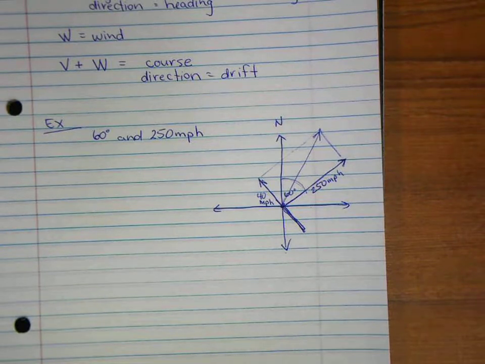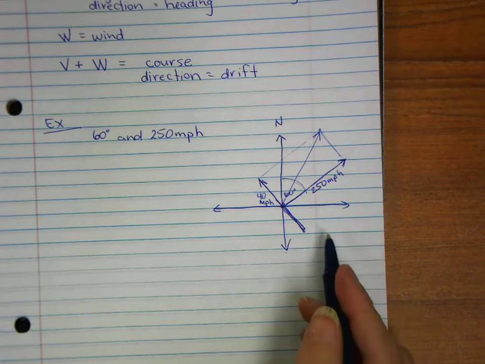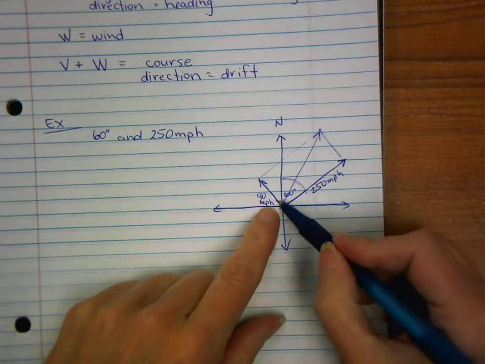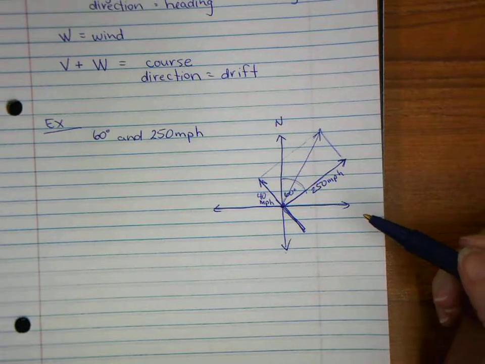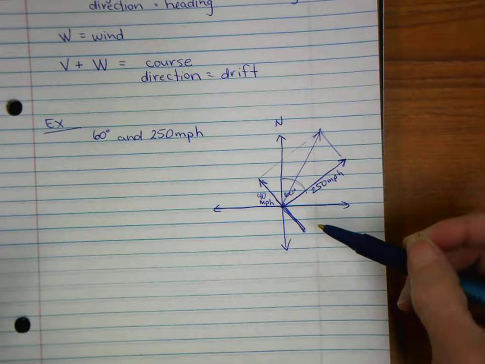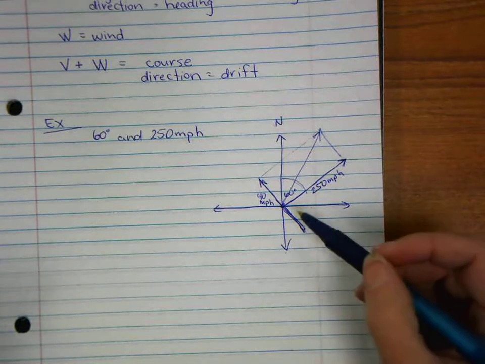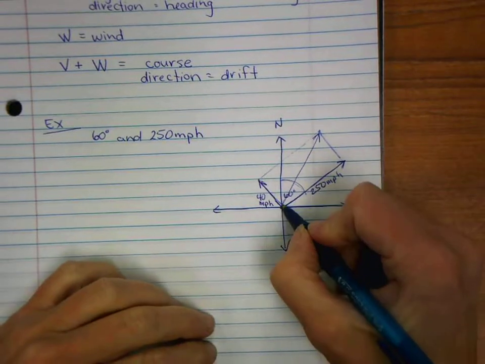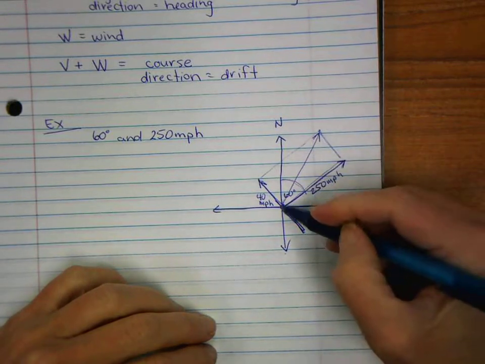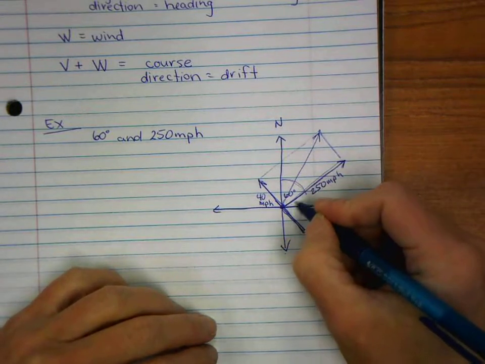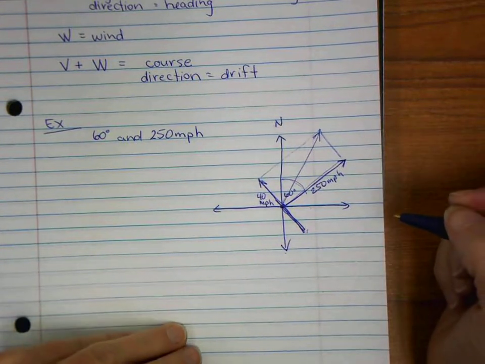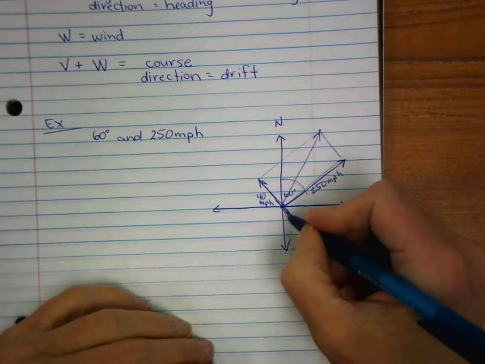Let's just see what kind of angle we've created here. The angle between this vector and this vector, if this was 60 and this was 150: 150 minus 60 gives us a 90-degree angle.